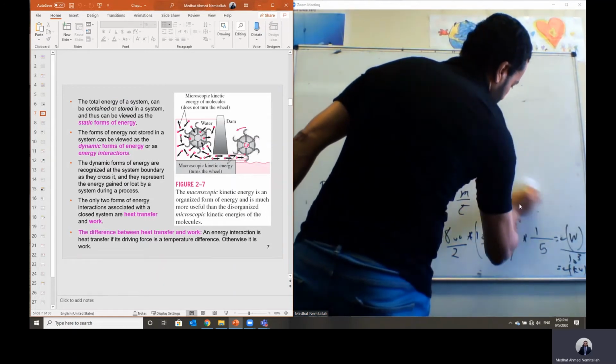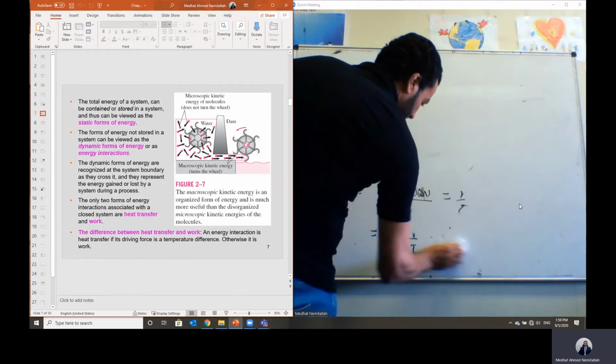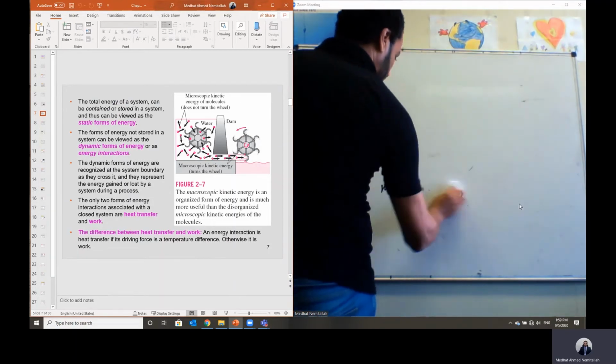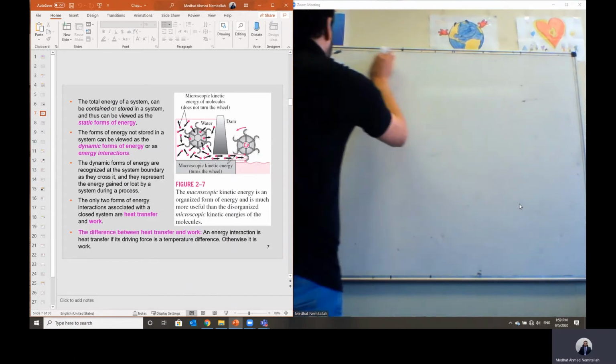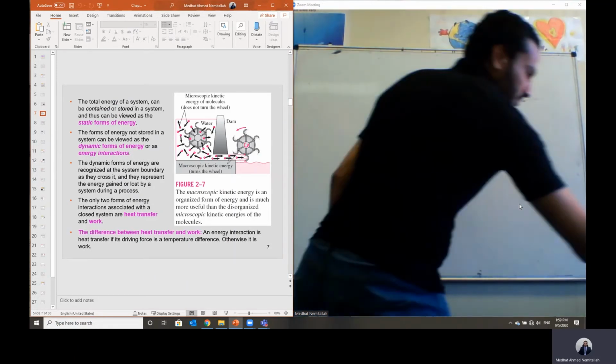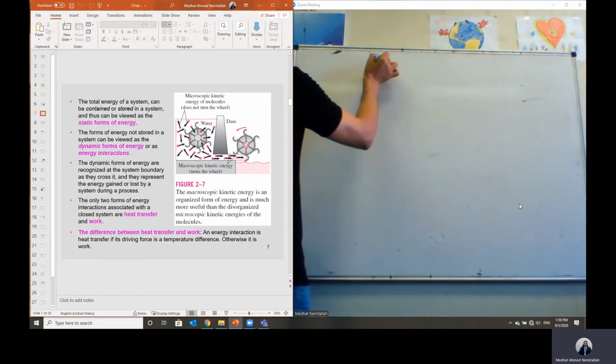Energy can be classified as a static form of energy or a dynamic form of energy. The static form of energy is the form within the system itself that cannot be transferred across the system boundary and generate work, like the internal energy.